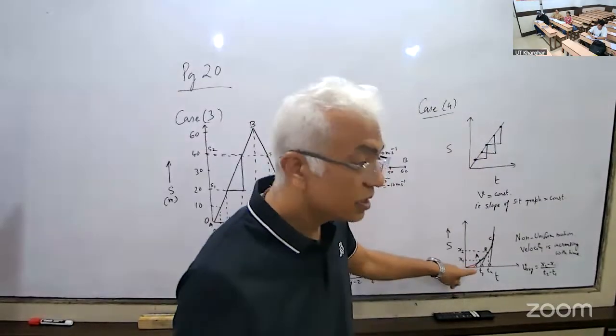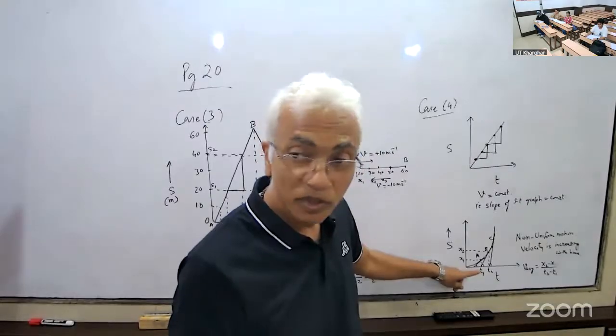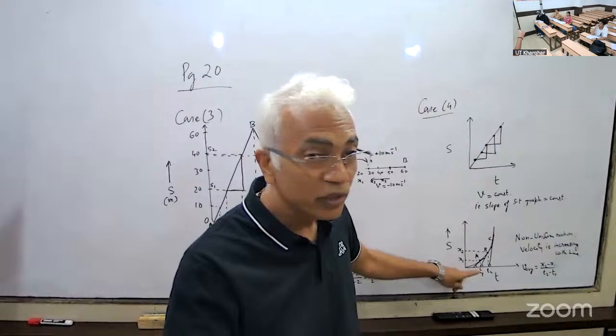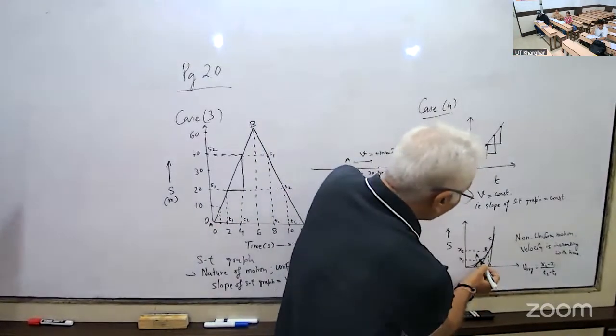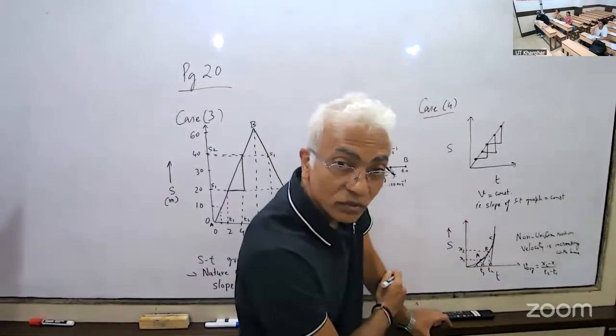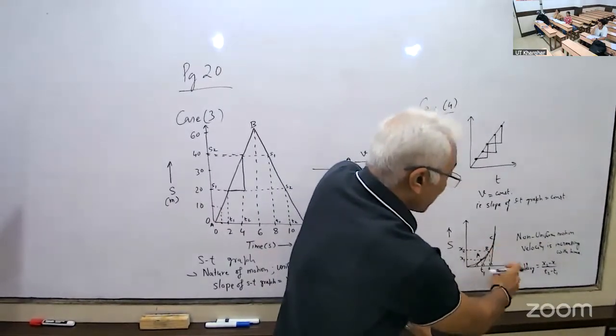So there is a concept of instantaneous velocity. I have taught you. Remember instantaneous velocity? Velocity shown by the speedometer is always instantaneous. So if you calculate the slope of the tangent, that gives you instantaneous velocity. But when you calculate velocity between 2 points, that gives you average.